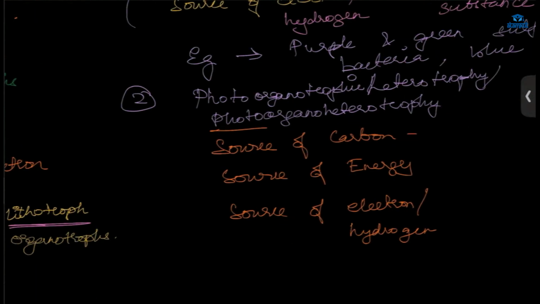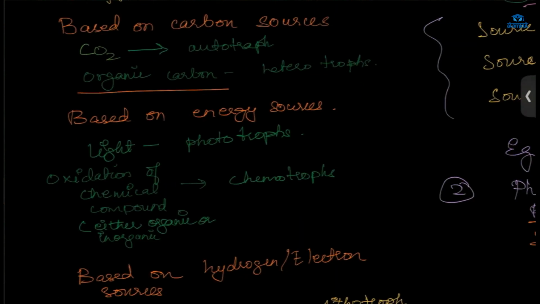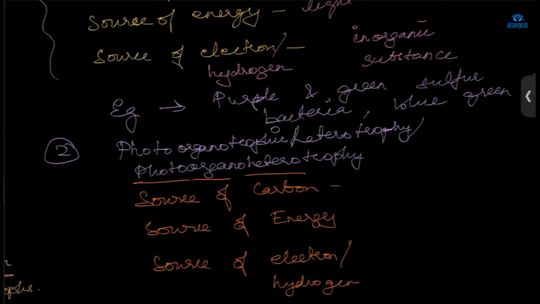Photo is given, organo is given, hetero is given. So here, will the source of carbon be carbon dioxide? No, it would be organic carbon. Organic carbon means the carbon present in organic compounds, like sugar. There we find organic carbon.